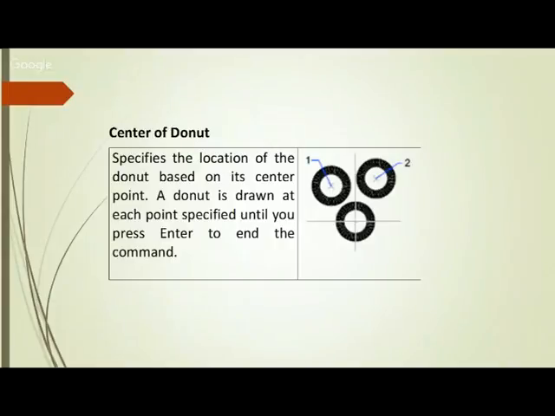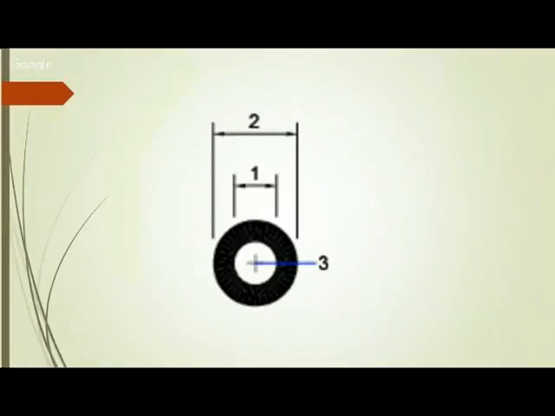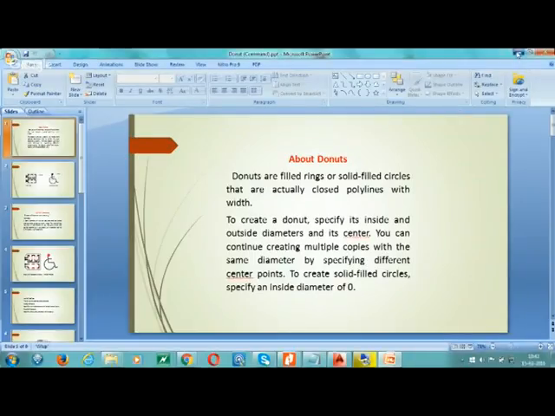These are the locations. Here in this case, the inside diameter is 1 and the outside diameter is 2. So it will create a torus of, we can say, 1 centimeter or 1 unit, having the center at 0,3. Okay, let us draw it first in the drawing.